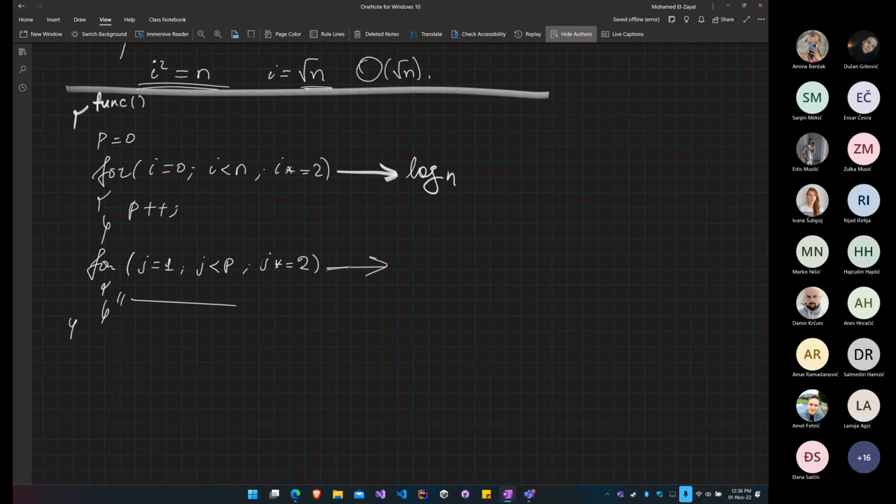Do we agree that this is logarithmic at least? Yes. Okay, so this is logarithmic, but how far will it run? It will run until p runs out, isn't it?